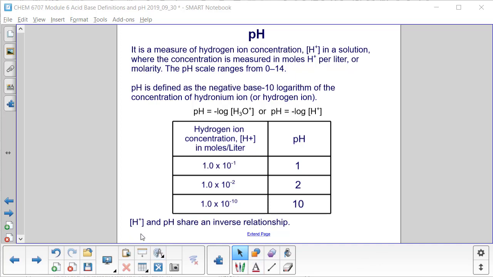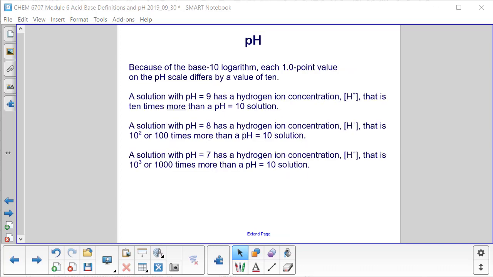So hydrogen ion concentration and pH share an inverse relationship. That means the greater the hydrogen ion concentration, the lower the pH. Because of the base 10 logarithm, each 1-point value on the pH scale differs by a factor of 10. So a solution with a pH equal to 9 has a hydrogen ion concentration that is 10 times more than a pH 10 solution.